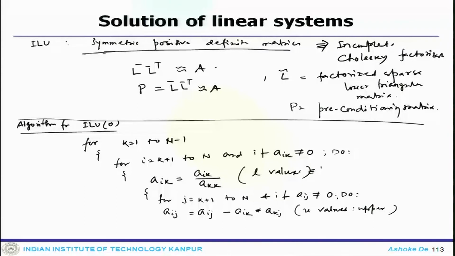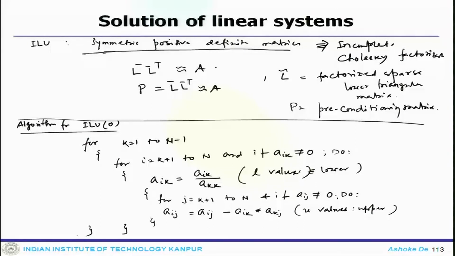That brings the closure of this loop, then you close the second loop, and finally you close the third one. So that is essentially the ILU 0 decomposition algorithm which you can use.